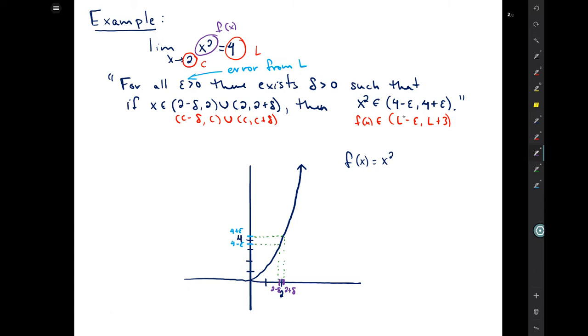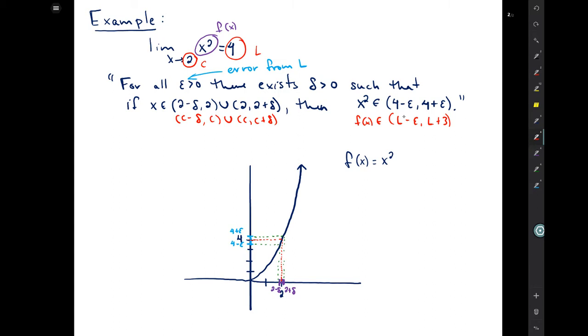So the idea is, for every epsilon window around 4, I can find a delta window down on my x-axis, so that when I take those x values that are inside of there and I map them back up to my function and back over to the y-axis, I'll stay inside my epsilon window.